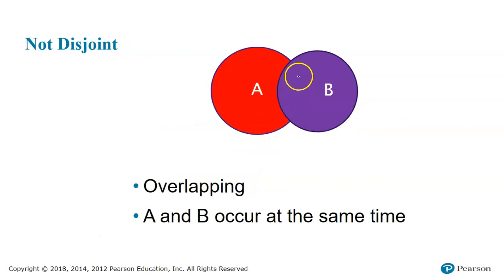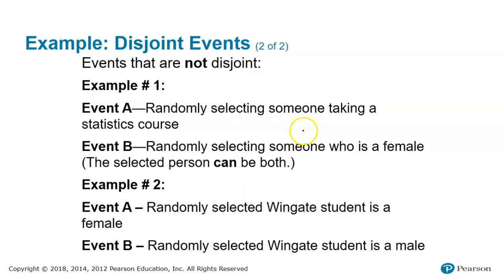So some of the not disjoints, when we do have an overlap and you can have A and B occurring at the same time. So some examples that are not disjoint. In this first example, event A, we randomly select someone taking a statistics course, and event B randomly selects someone who is female. So someone taking a statistics course and someone that's female, obviously these two can overlap because quite a few in this course are both female and taking a statistics course.